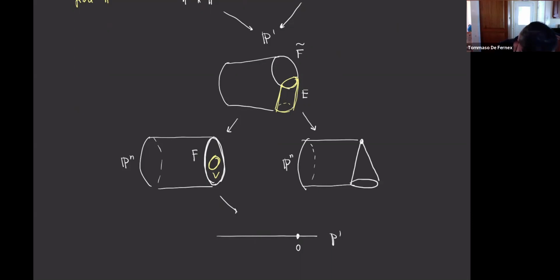So this X0 is going to be a cone over V inside a bigger projective space. Let me maybe remove that since it's confusing. There's going to be some cone over that.